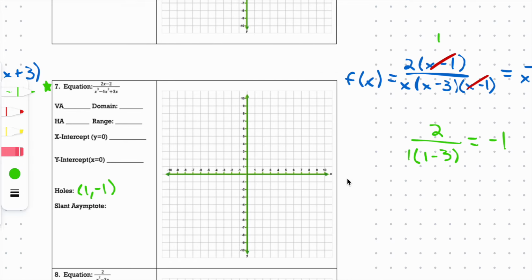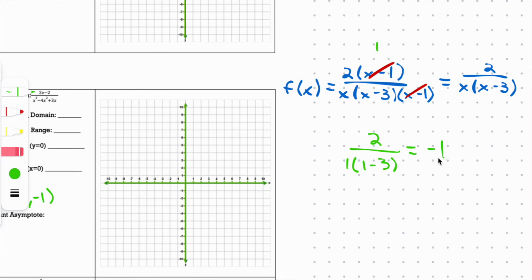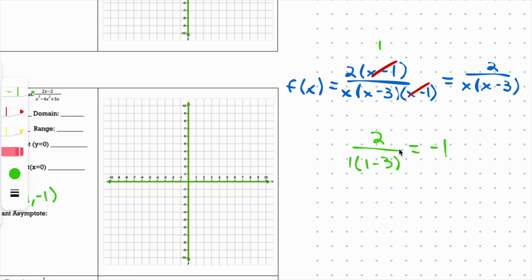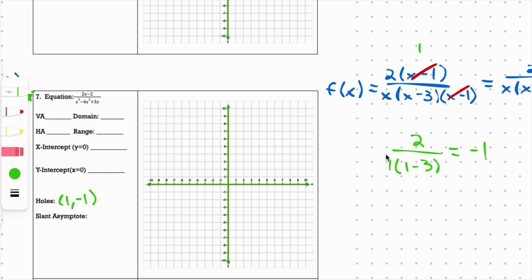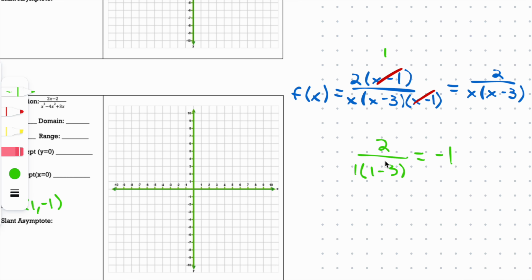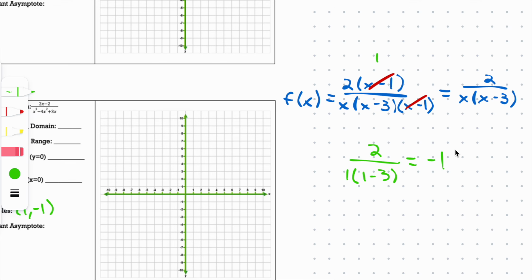Okay, so let's move on to finding these zeros. We find the zeros by setting our numerator equal to 0. 2 never equals 0. So we have no zeros or no x-intercepts. And that'll become apparent in a second. Okay, so now let's move on to vertical asymptotes, and that's when we set our denominator equal to 0.